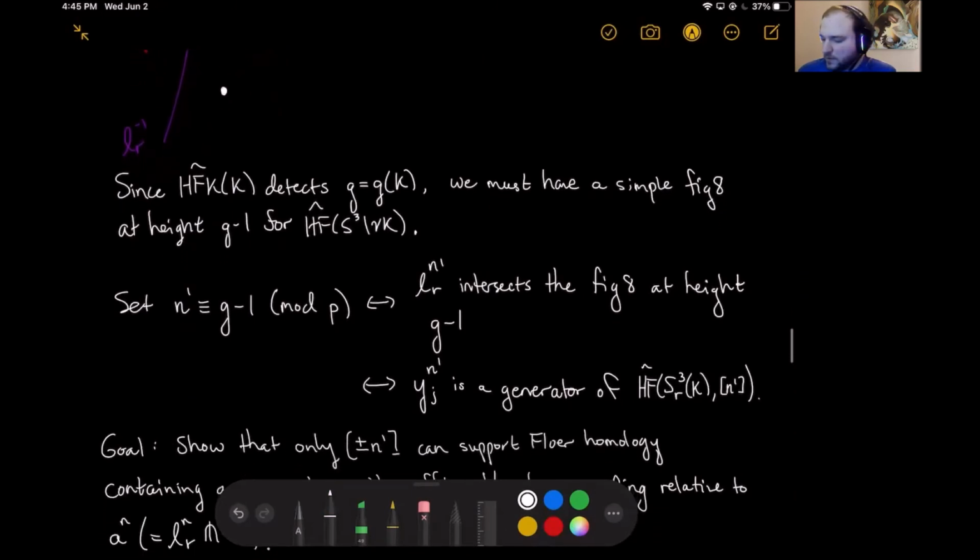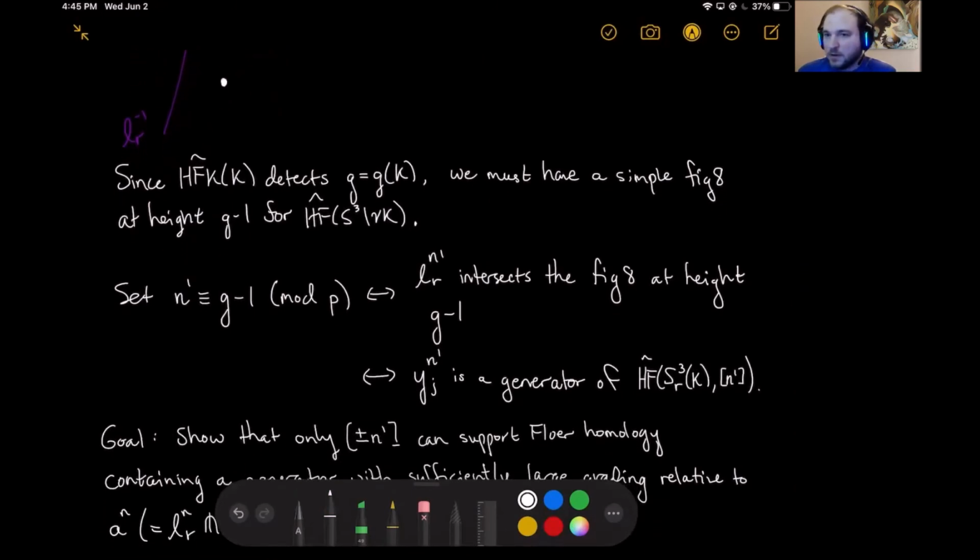More generally, knot Floer homology does detect the genus of a knot. And this is really the fact that enables this argument to get off the ground: you're required to have a simple figure eight at height g-1 in order for knot Floer homology to be able to detect that the knot is genus g.